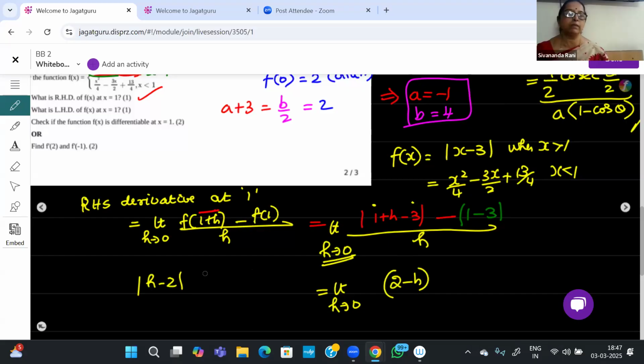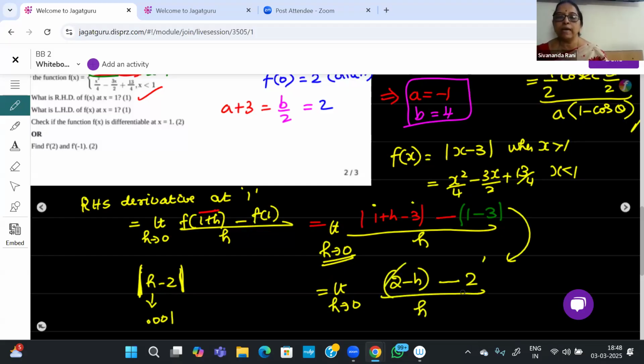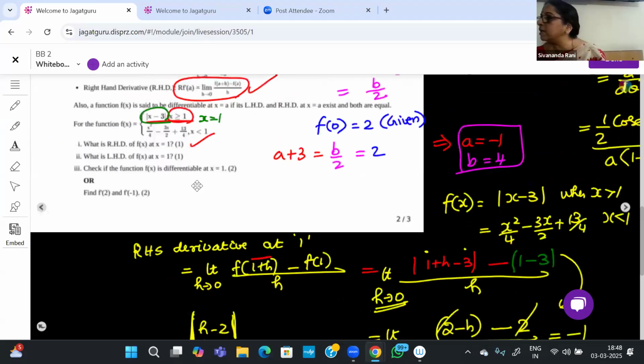If it were h minus 2, it will fetch us a negative value because h is tending to 0, very close to 0. So that minus 2 will be negative. So I have to put it as 2 minus h, right? Minus of 2, divided by h. 2 and 2 will get cancelled. That's why she said it was minus 1. There is so much of matter in this. Understood?